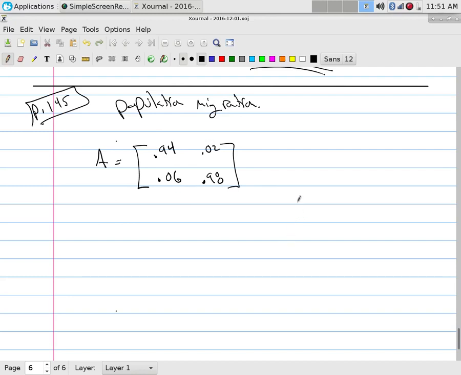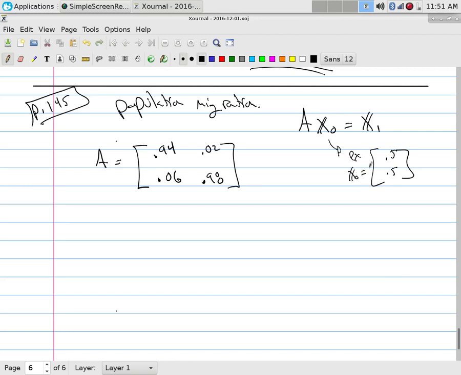And what was the whole purpose of this thing? The whole purpose was to say, how many people do we have now, and how many people do we get to. What does x0 represent? X0 could be, for example, 0.5, 0.5. I don't know what they actually had.